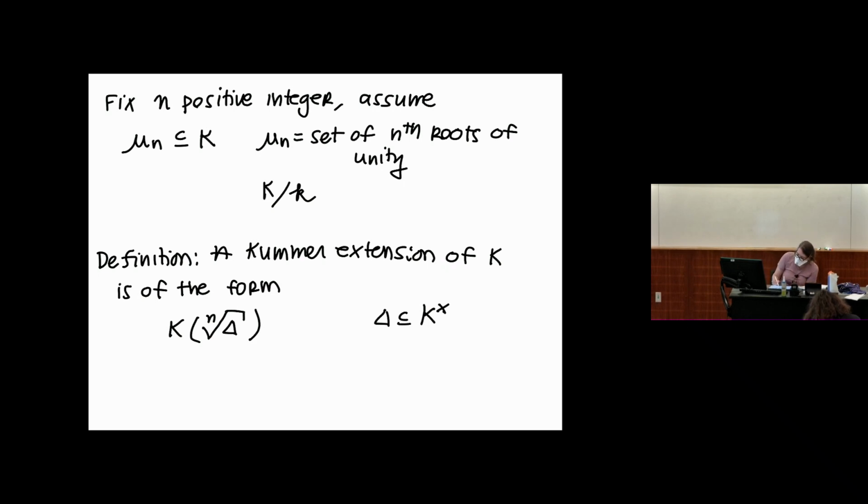I take some set of non-zero elements in K, and I take all nth roots of all elements in this set delta. And that's what we call a Kummer extension. It's a field extension generated by nth roots.